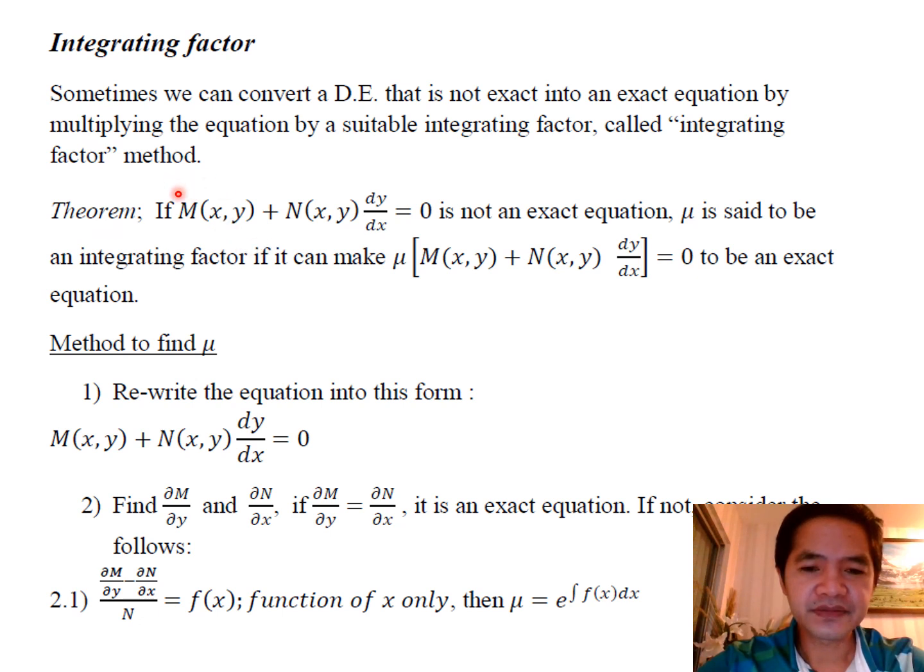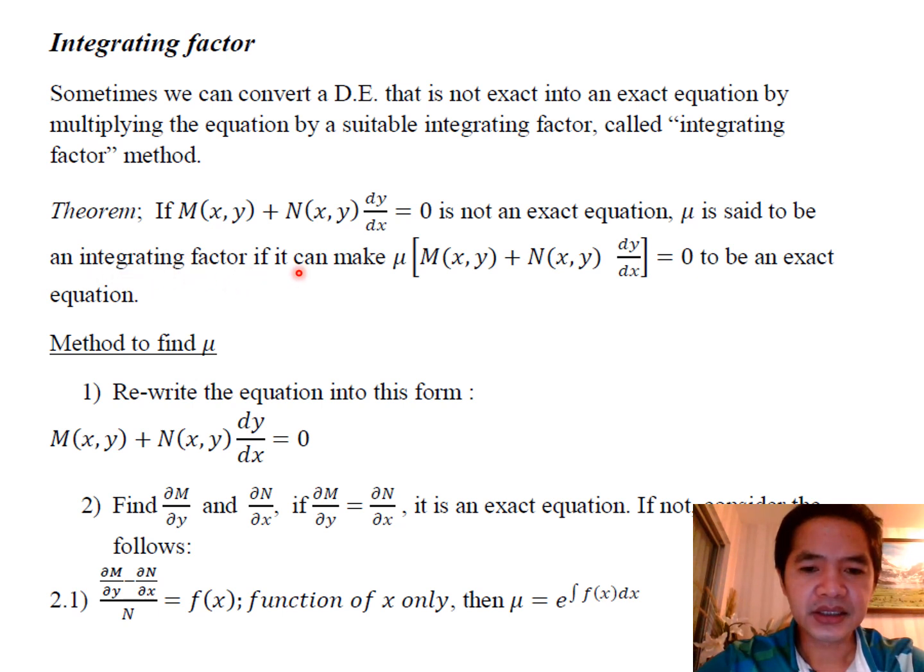This is the first-order ODE: M, which is a function of x and y, plus N, also a function of x and y, times dy over dx equal to 0, and this equation is not exact. And mu is the integrating factor.